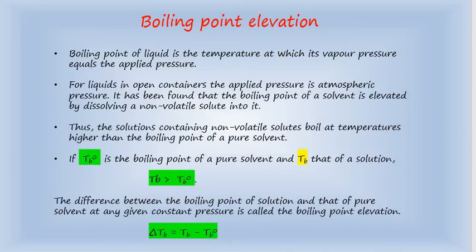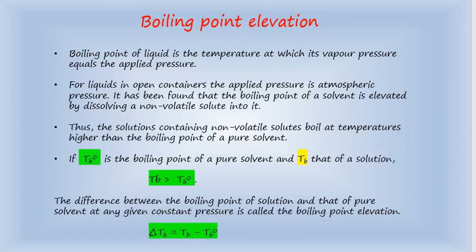Let's suppose it is elevated by 2 degrees Celsius. So the boiling point of the solution would be 102 degrees Celsius. So we can say the solution containing non-volatile solutes boil at temperature higher than the boiling point of the pure solvent.